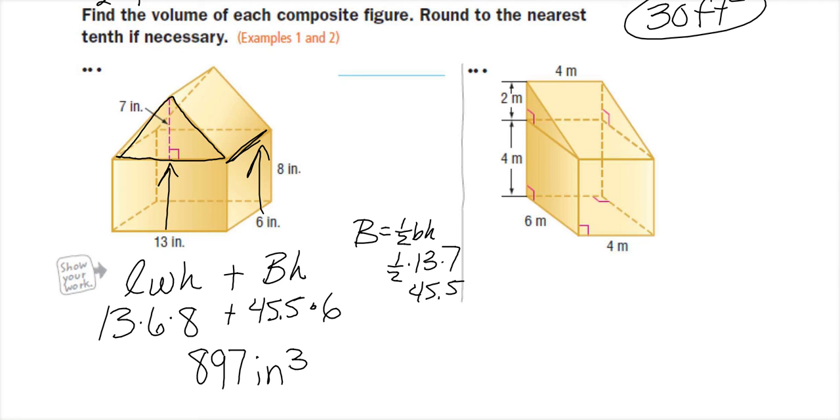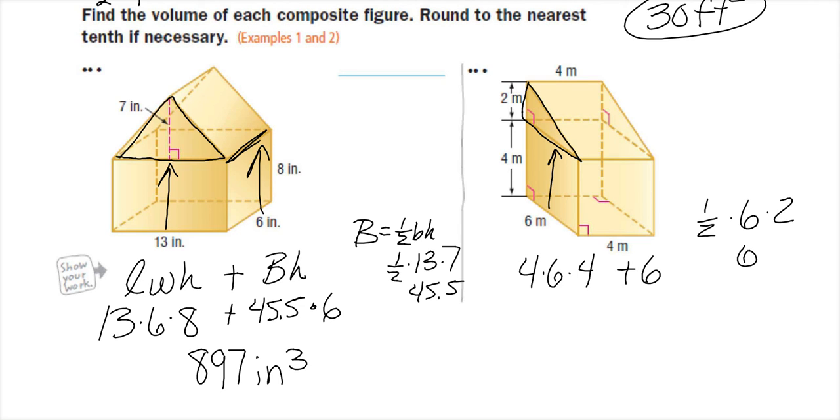Okay, next let's do the box. So we have 4 by 6 by 4, so that's easy. Then we gotta do capital BH. So here's my little piece of cake. Okay, so we'll do 1/2 the base, which would be 6, and then the height is the 2. So half of 12 would be 6. Oh, that's easy then. So plus 6, and then how thick is my cake?